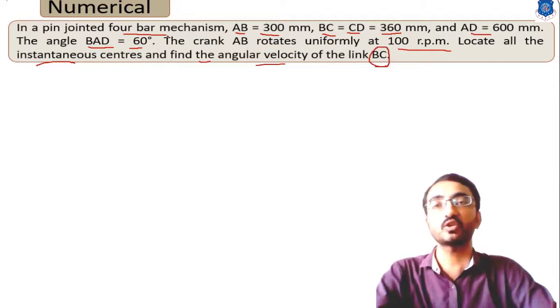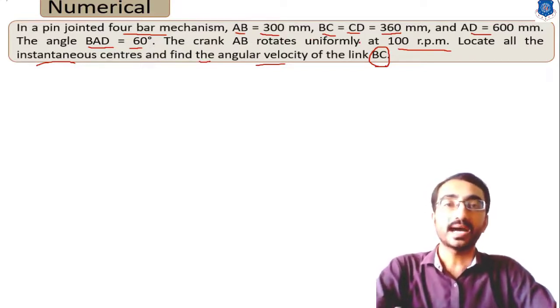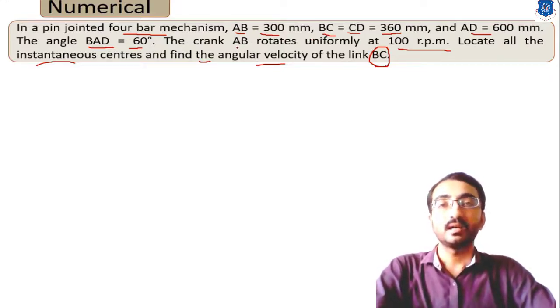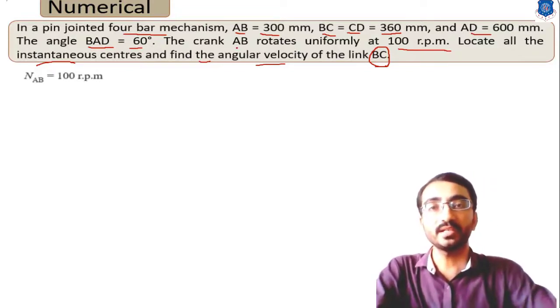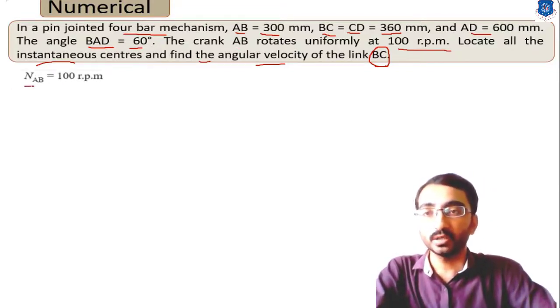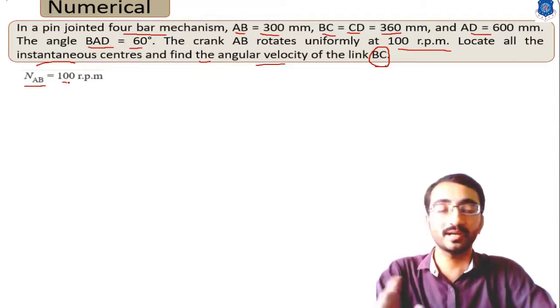First we will sort out the data from this numerical. We have been given lengths and rpm. Let's consider crank AB is rotating at 100 rpm, so N_AB is equal to 100 rpm.